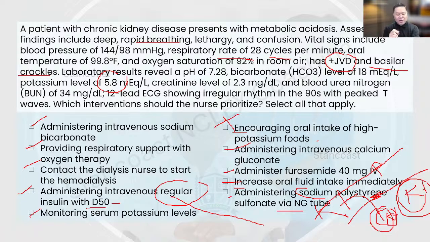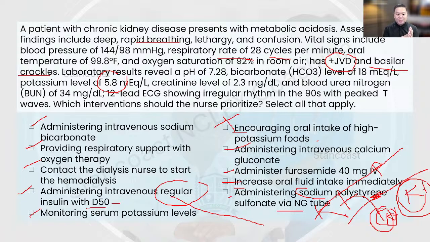Now, let me backtrack here. All the pharmacological interventions that I mentioned, like I've said, the sodium bicarbonate, the D50 plus the insulin injection, and also the calcium gluconate and the furosemide, those are temporary pharmacological interventions.